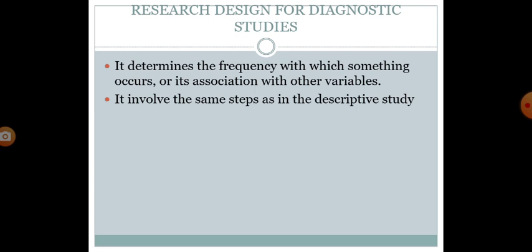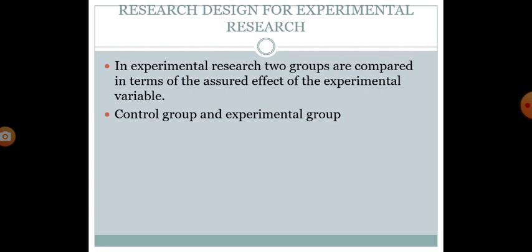And the same steps are involved here also. The next is research design for experimental research. In experimental research, there are two groups, experimental group and control group. And here, two groups are compared in terms of the assured effect of the experimental variable.